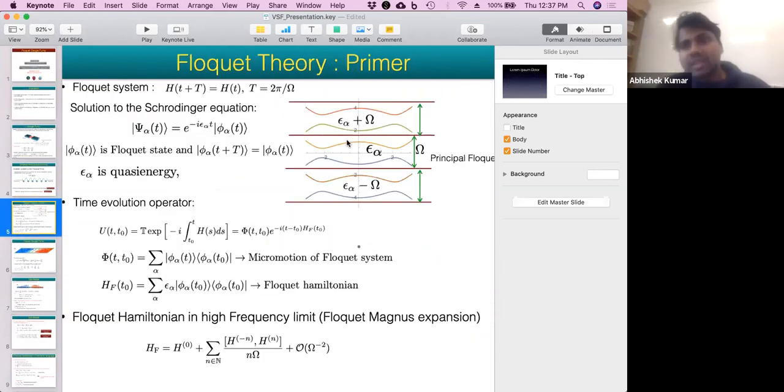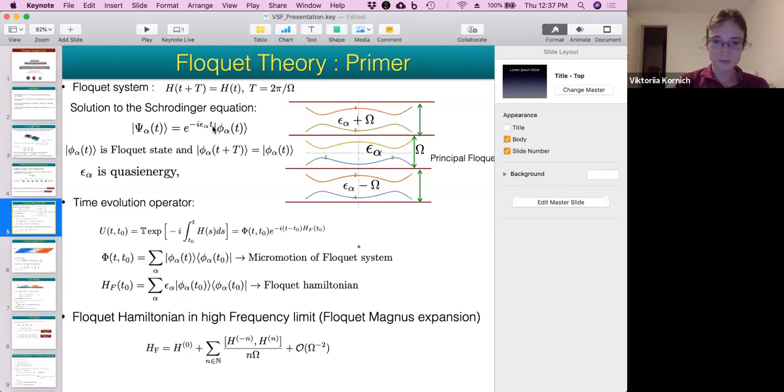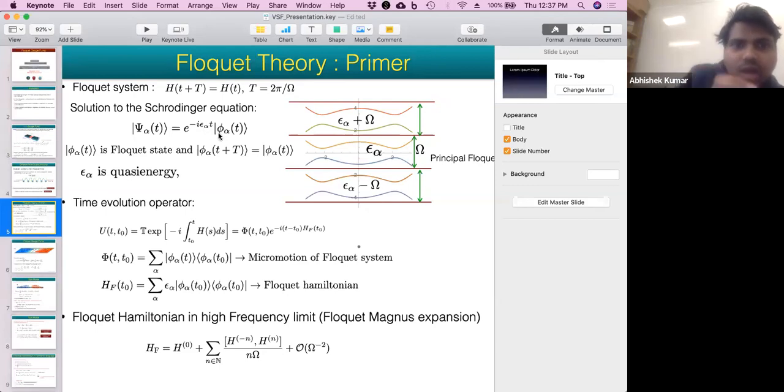As you know, in the Floquet case we do not have energy conservation. We have something called quasi energy, but the quasi energy is only defined up to the frequency omega. You can see that if you add e to the power i omega t, then you also add some energy omega, and you again get the same factor, epsilon plus n omega, plus some state which is periodic in time.